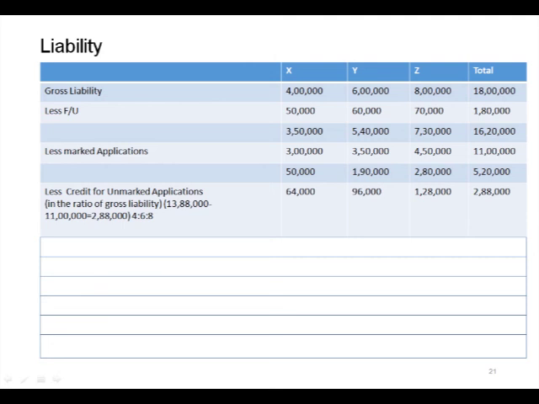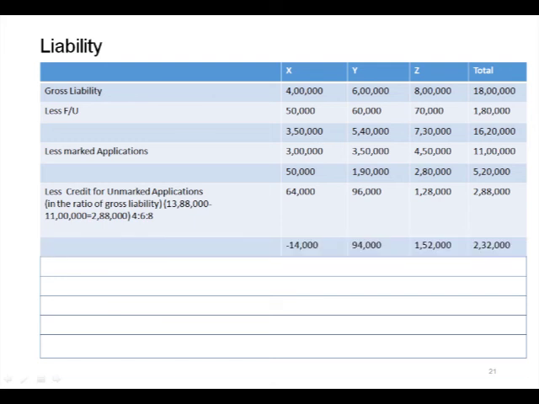We know that there is total subscription of 13,88,000 shares and marked applications were 11 lakh. So we will be deducting from the total subscription 11 lakh, so remaining is 2,88,000. So 2,88,000 are the unmarked applications, and we will divide among X, Y, Z according to their gross liability, that is 64,000 in case of X, Y 96,000, Z 1,28,000 and total is 2,88,000.